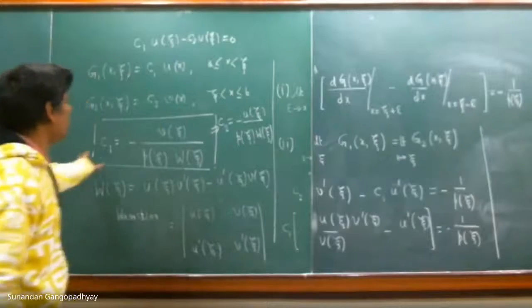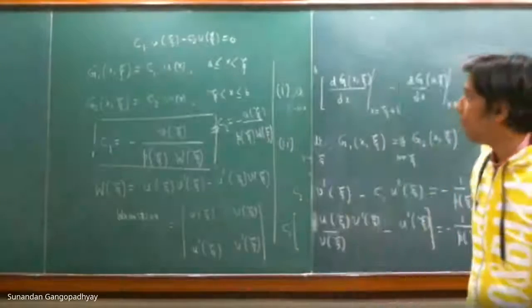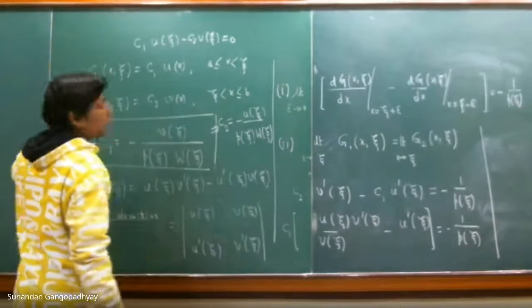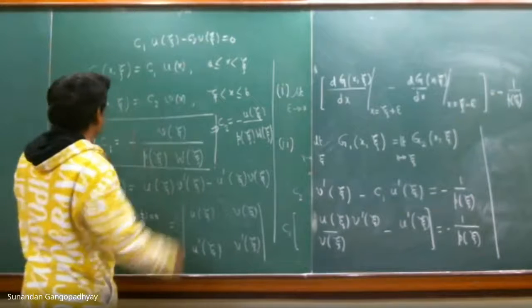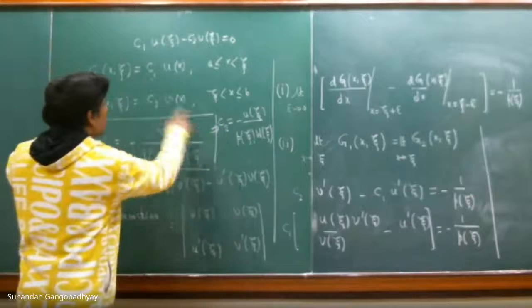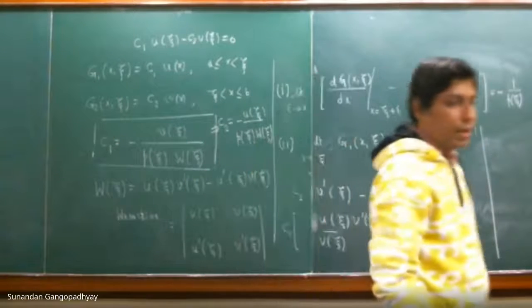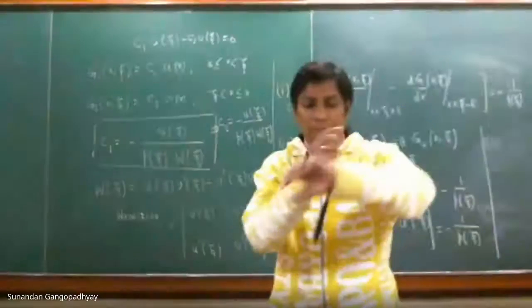So this is what C1 and C2 are. Having calculated C1 and C2, you know what G1 and G2 are. You can substitute C1 here, C2 here, and therefore you have solved the problem. You have found out what the Green's function is.